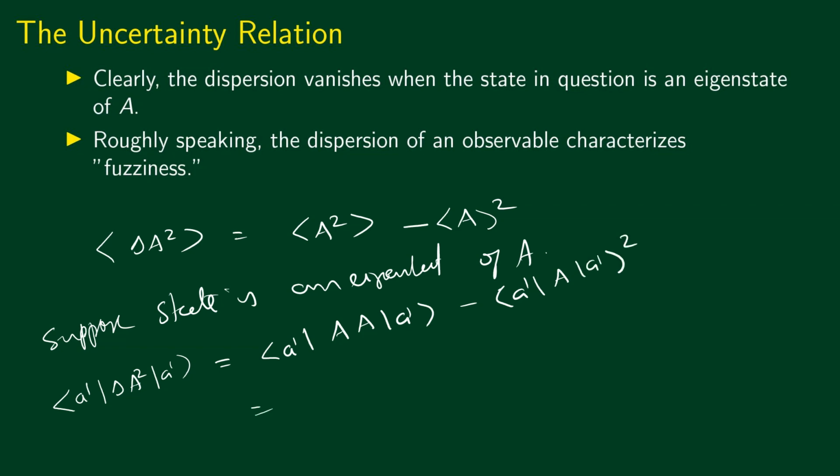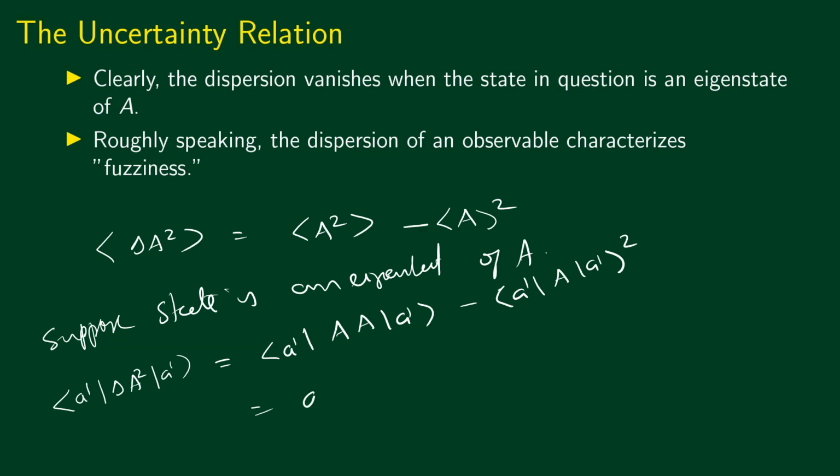If I look at this, I can use the eigenvalue equations here. Since these ket A prime are the eigenkets of A, we can use the eigenvalue equation twice actually. Once A acts on ket A prime and I get A prime multiplied by ket A prime, and here again A acts on ket A prime and I get A prime multiplied by ket A prime.